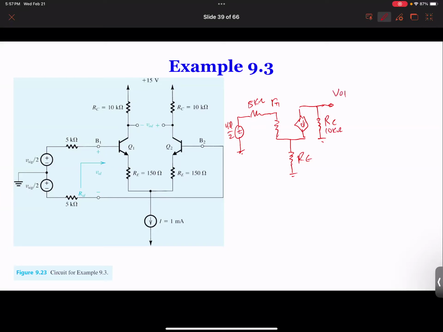So what the circuit gives you is that beta is given at 100, and also I is given as 1 milliamp.